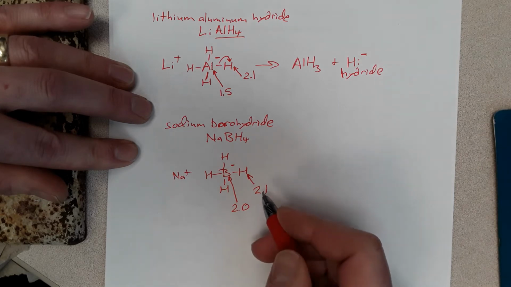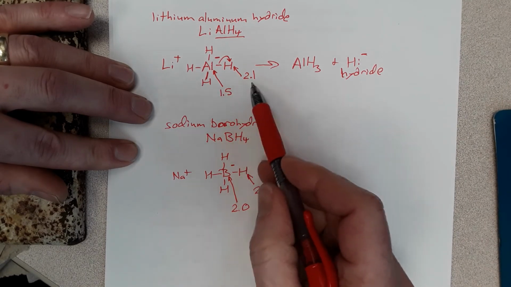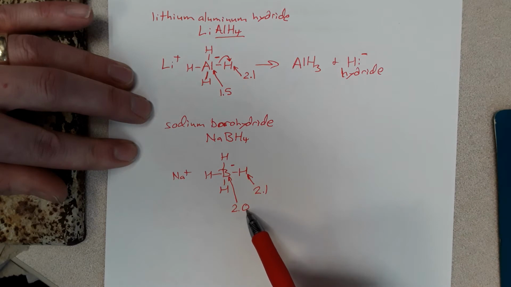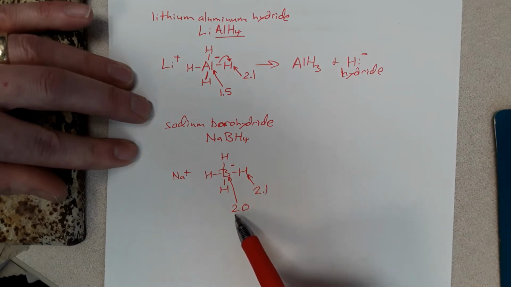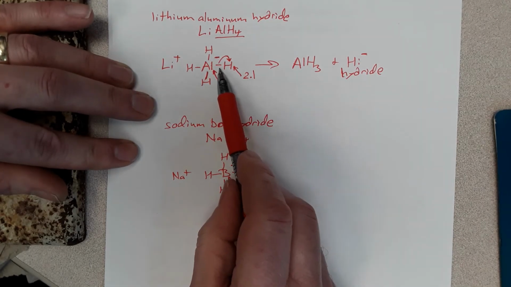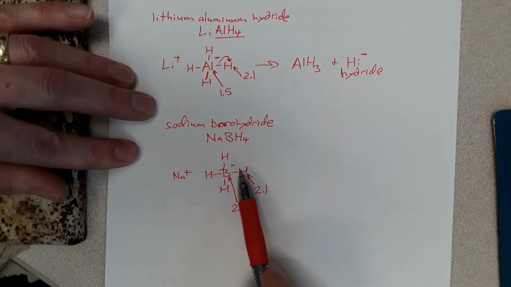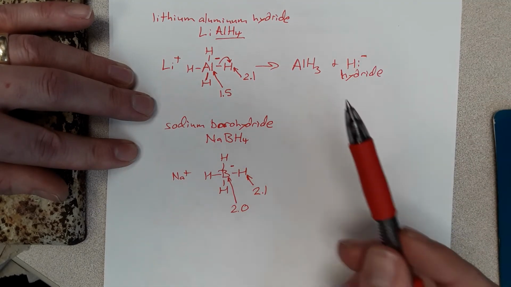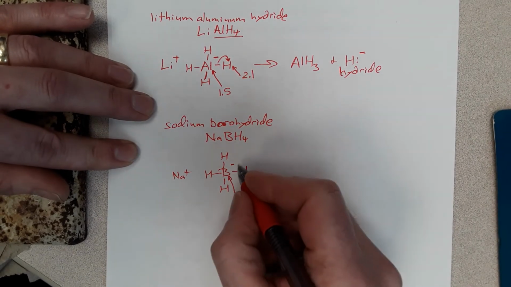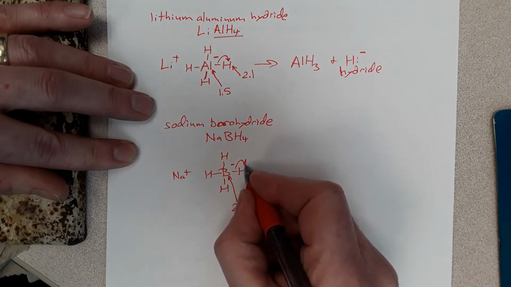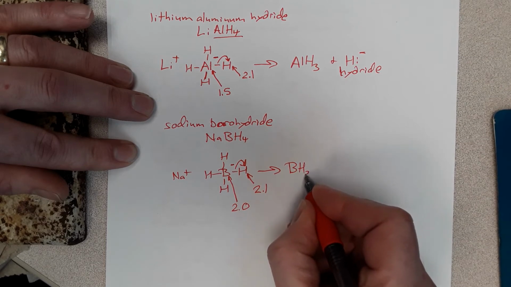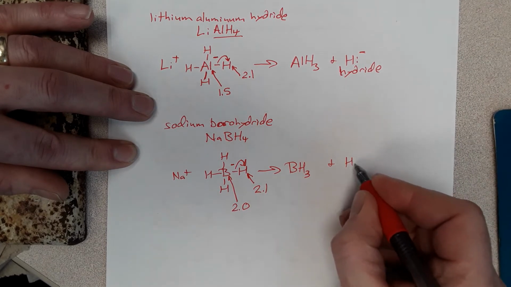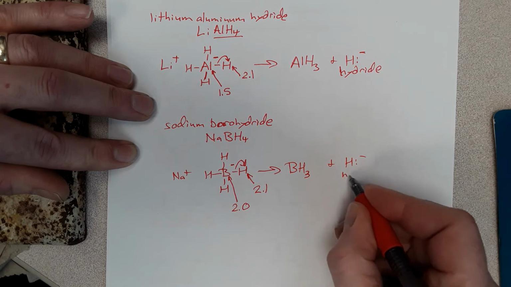So not nearly the difference in electronegativity you see with aluminum. It's a relatively small difference, which means it's not going to be as reactive, and this bond isn't going to break as readily, putting the negative charge on the hydrogen. But it will break, and we end up with borane and H-, which is our hydride.